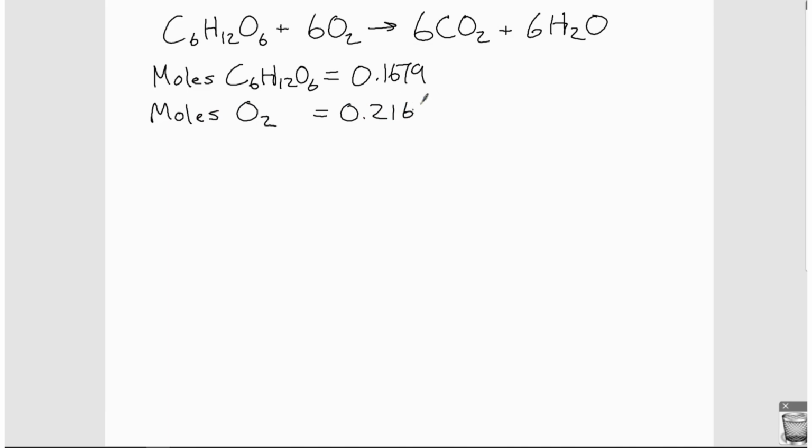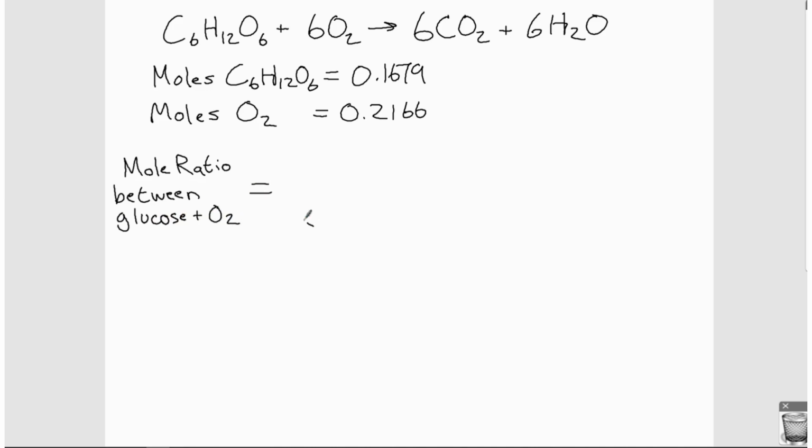The balanced equation tells me for every 1 mole of glucose that I have, I should have 6 moles of oxygen to react with it. Looking at the actual number of moles that I calculated in this problem, it doesn't seem like for every 1 mole of glucose, I'll have 6 moles of oxygen.